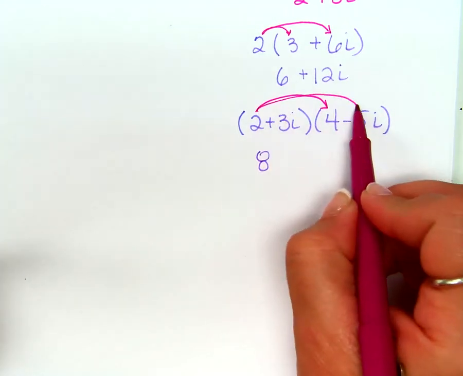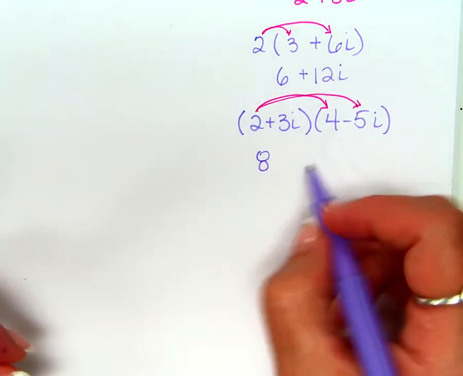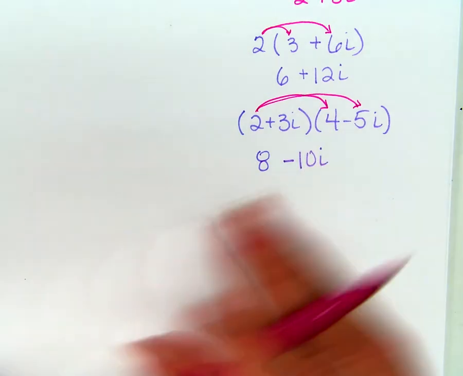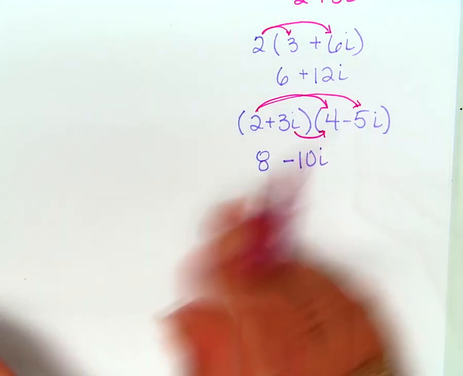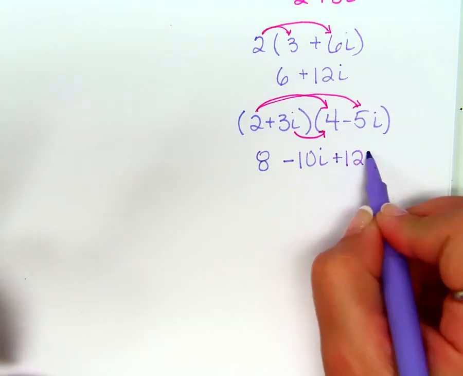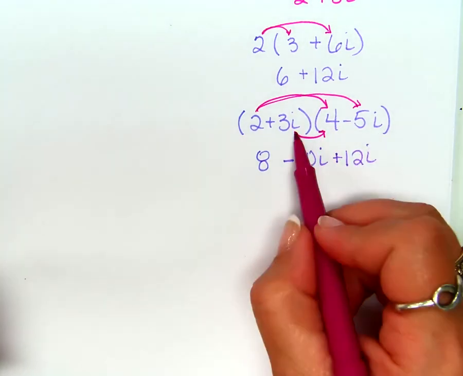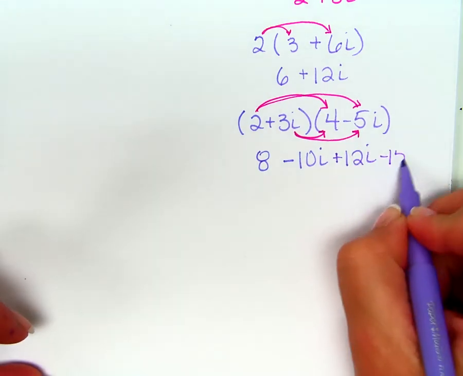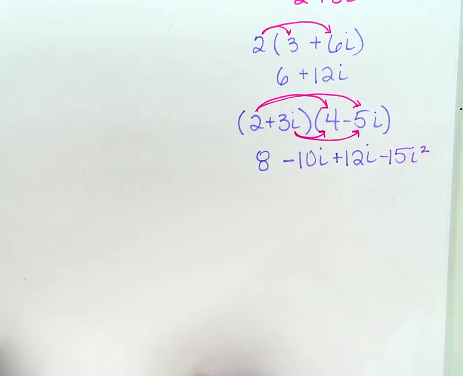Here and here, which is negative 10i. Here and here, which is plus 12i. And here and here, negative 15i squared. Absolutely. Okay.